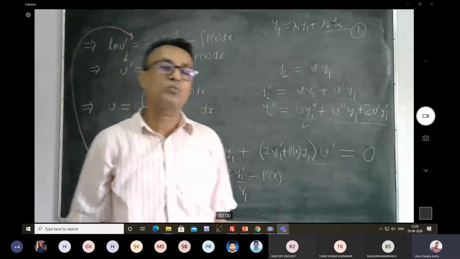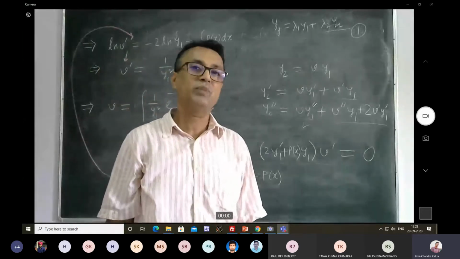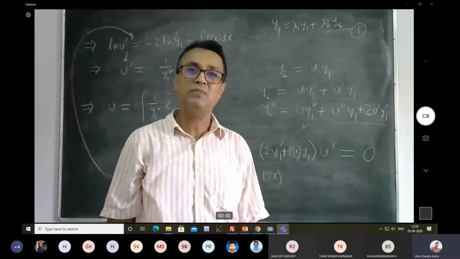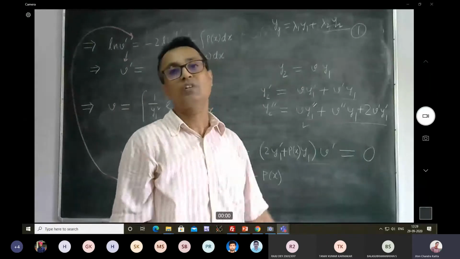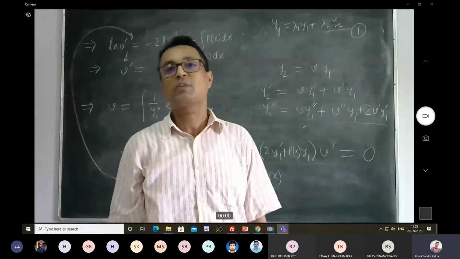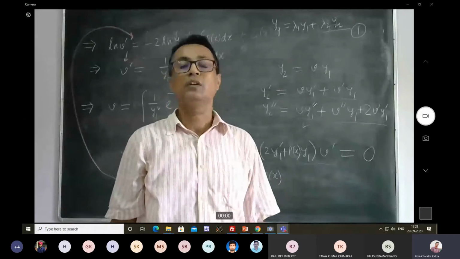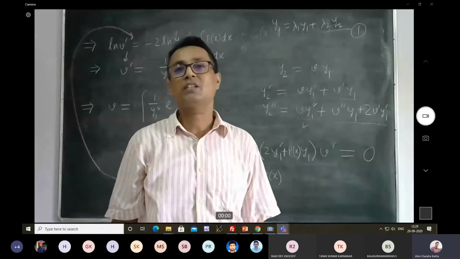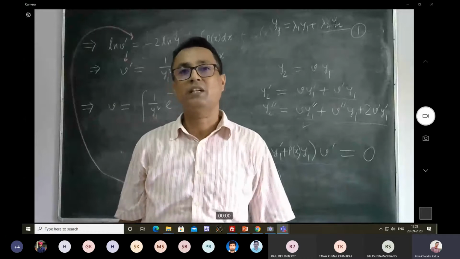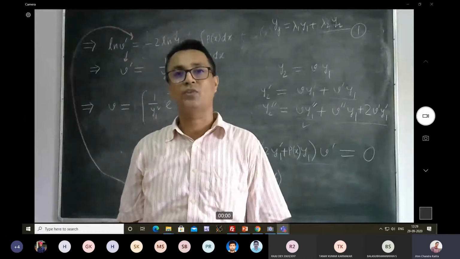So now the thing is that I have assumed that y1 and y2 form a fundamental set. So that means y1 and y2 are linearly independent, and I have also found out the explicit expression for y2 in terms of y1. So now, can you tell me, what is the guarantee that they are linearly independent? Can you prove the linear independence of these two?